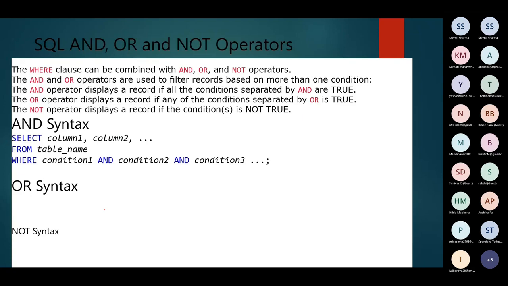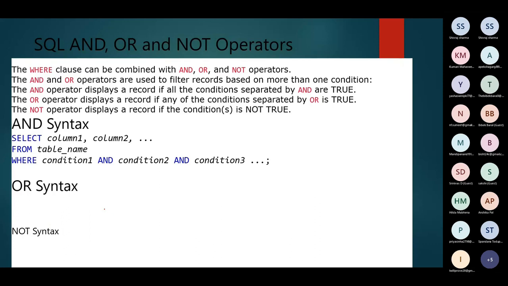See, this is your and syntax. The first two are very well known to you. Okay, select column 1, 2 from the table name, or you can say select star, right? The third one is where condition 1, let's say country equals to Mexico and country equals to this and country equals to this.